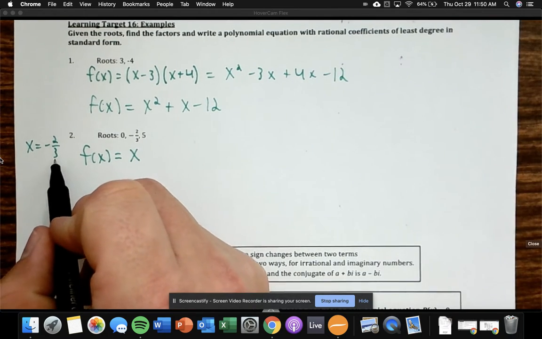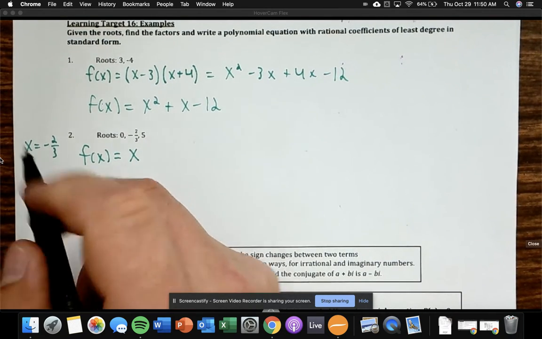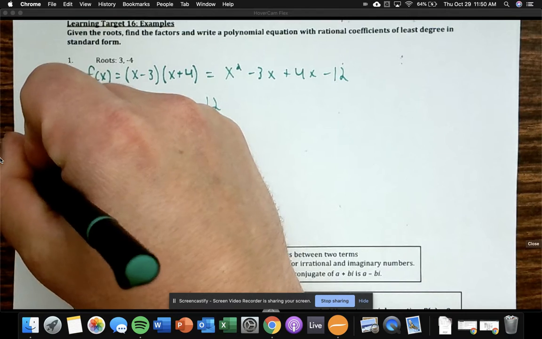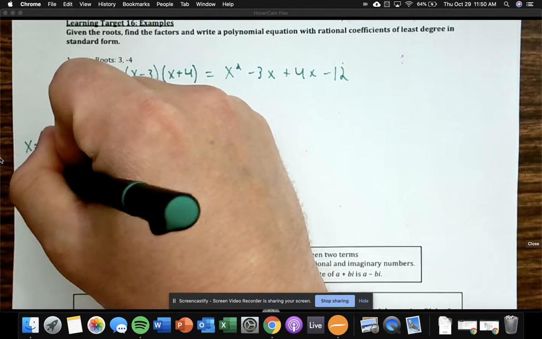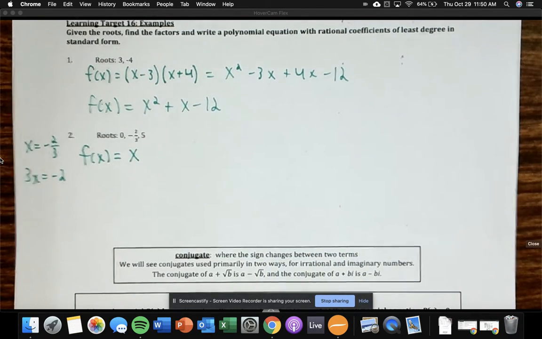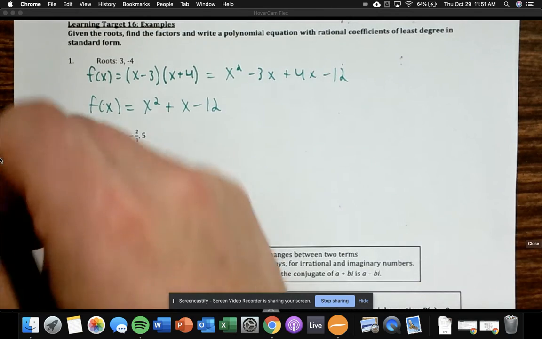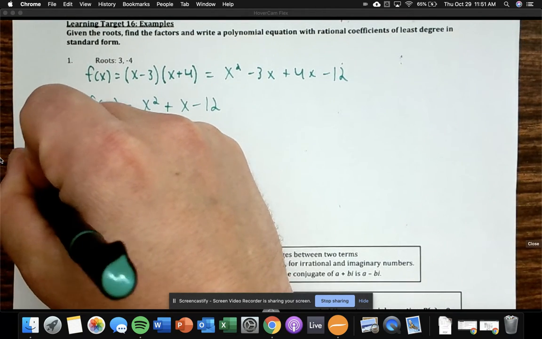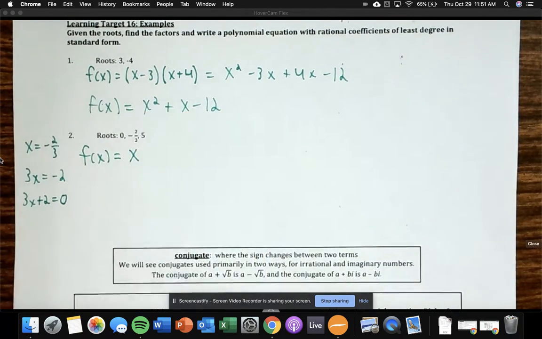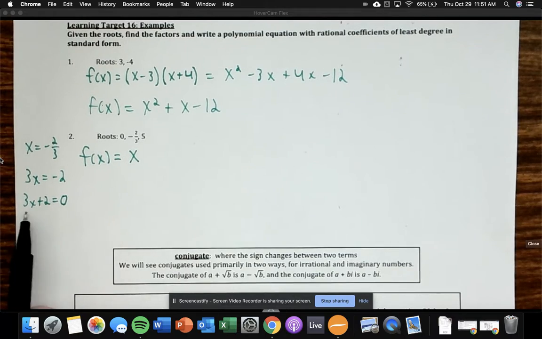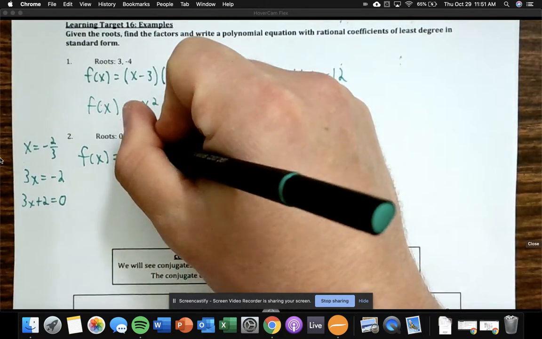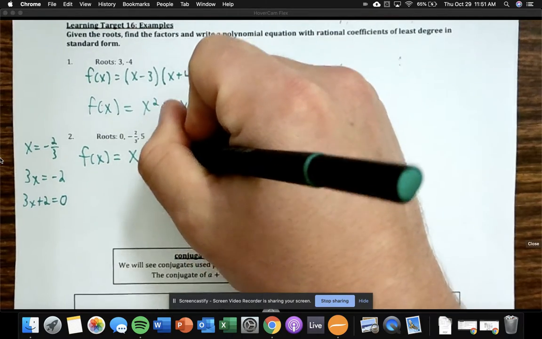So I can multiply both sides by 3, and I get 3x is equal to negative 2. Then I can add 2 on both sides, so this becomes 3x plus 2 equals 0. And what I just did is I found my second factor. It's 3x plus 2.